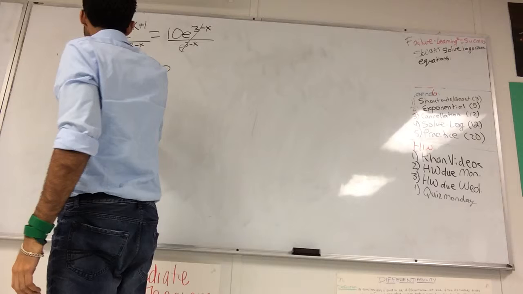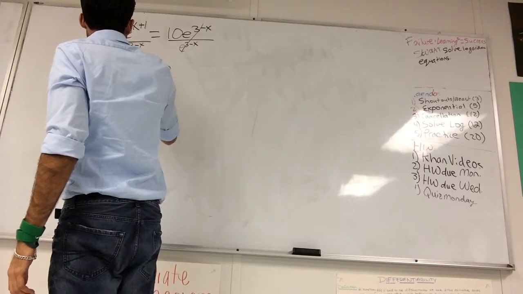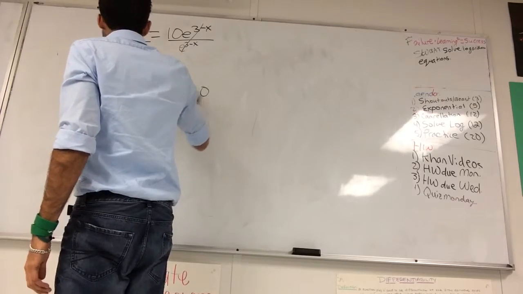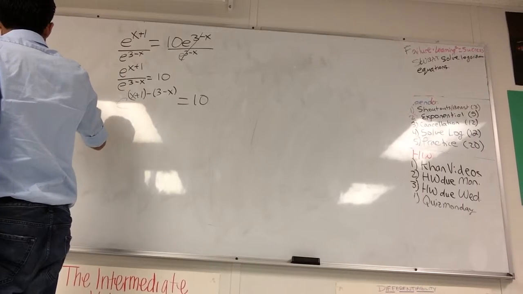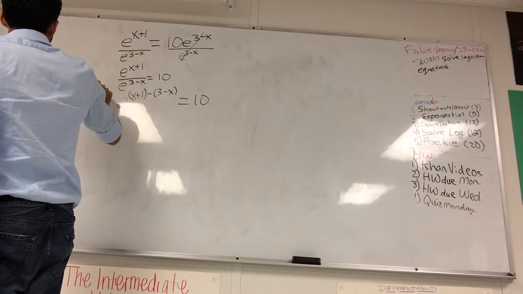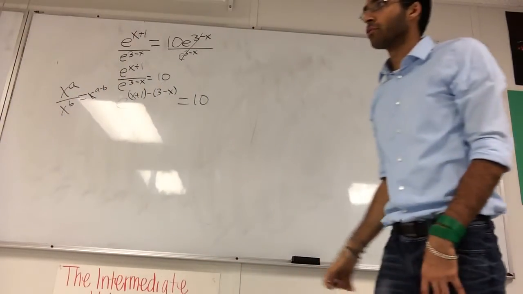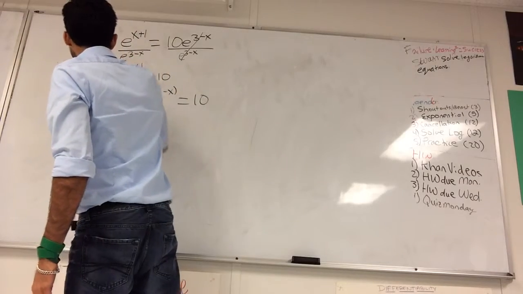So I'm going to write this as e to the x plus 1 minus 3 minus x equals 10. Remember the rule we learned: x to the a divided by x to the b is x to the a minus b. Right now we're just going to apply that rule here.